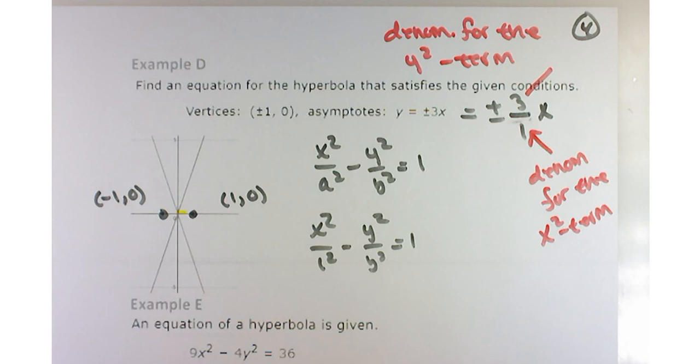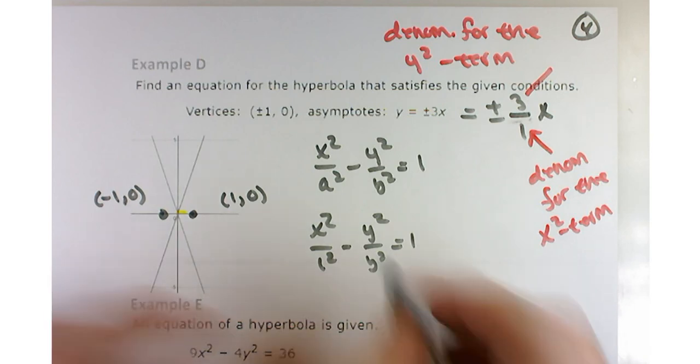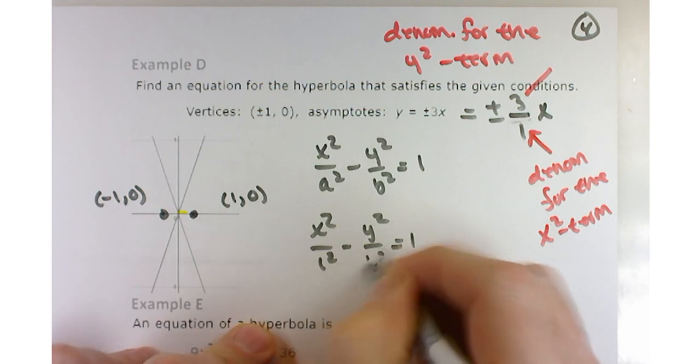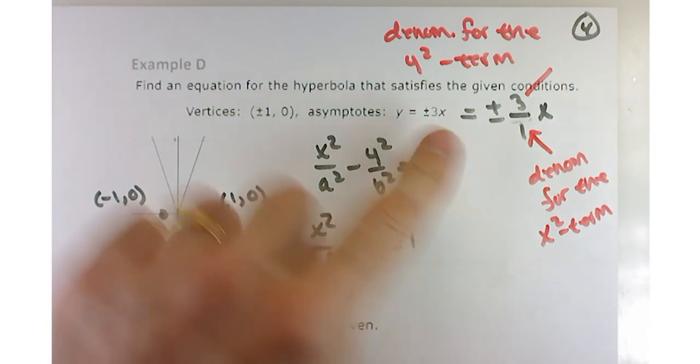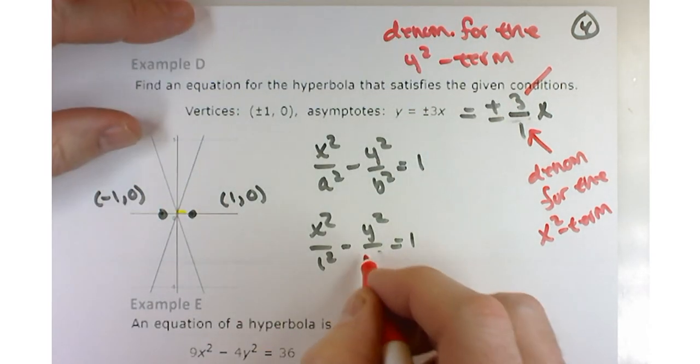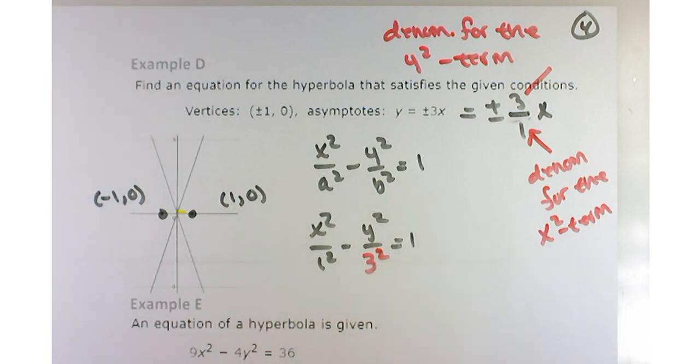So that's kind of cool. And another thing that's kind of cool is that I can just erase this. Hopefully you can too. And let's just squeeze in a 3 there. So that 3 is coming from the numerator there. 3 squared. Bam. And that's your equation.